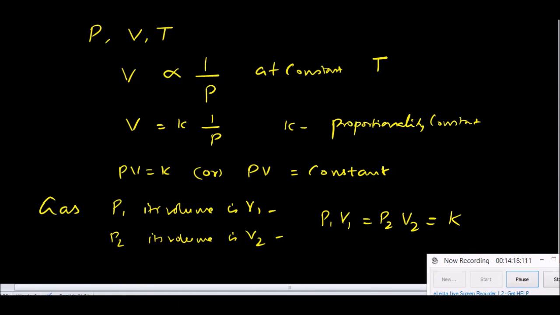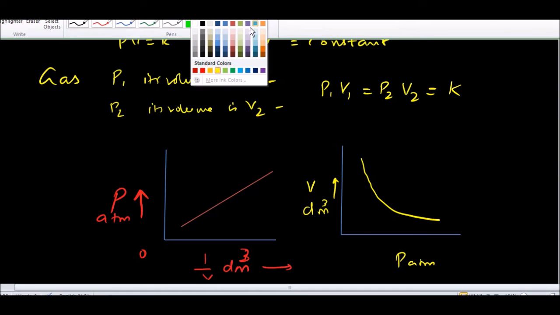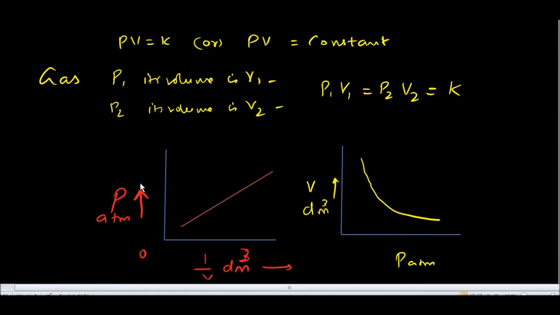Graphical representation is possible. In this particular graph, in the x-axis we take 1 by volume in the unit of decimeter cube. Likewise, in the y-axis we take pressure in atmospheric units. We know that pressure and volume are inversely proportional to each other.